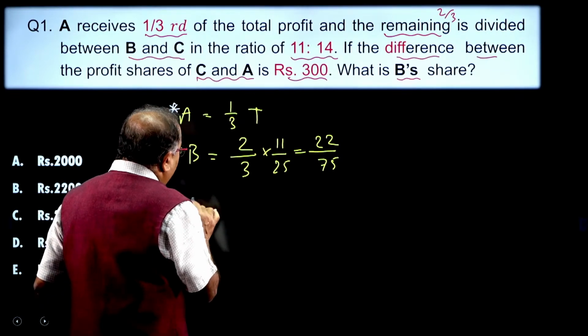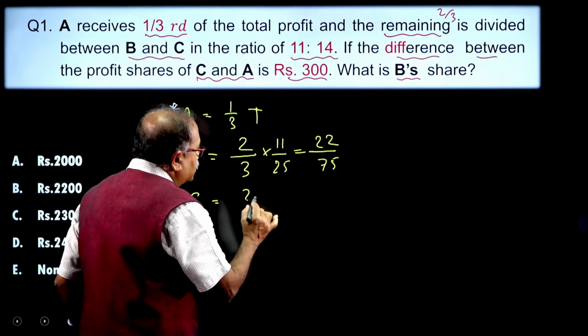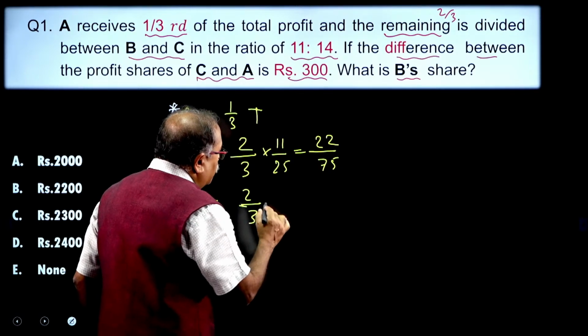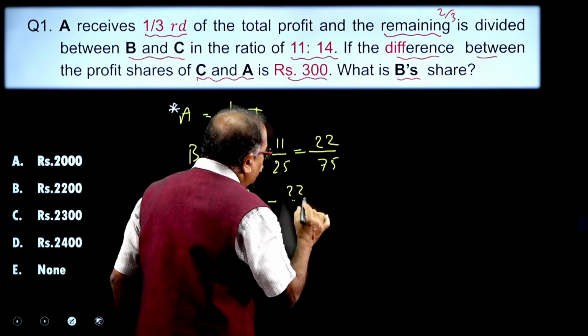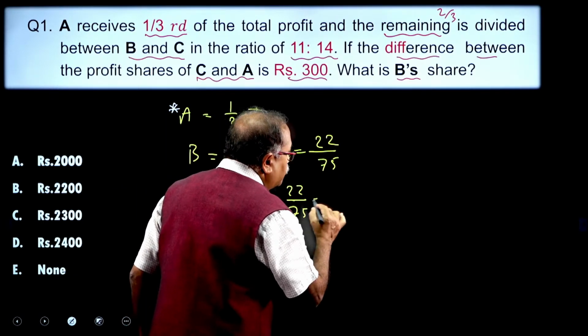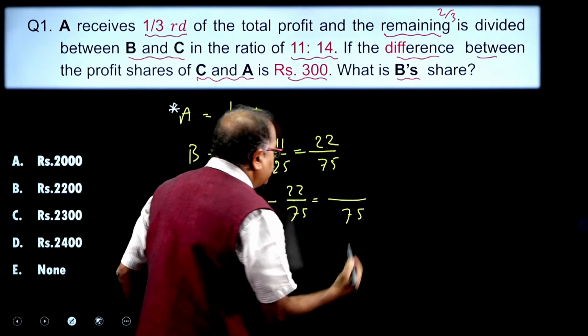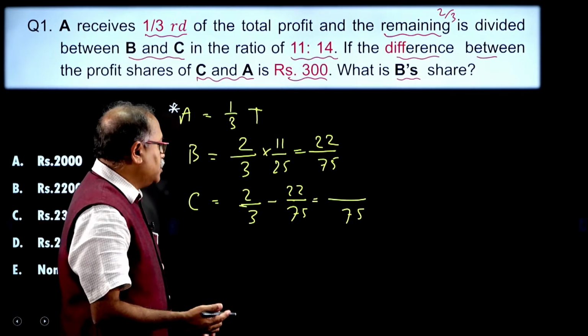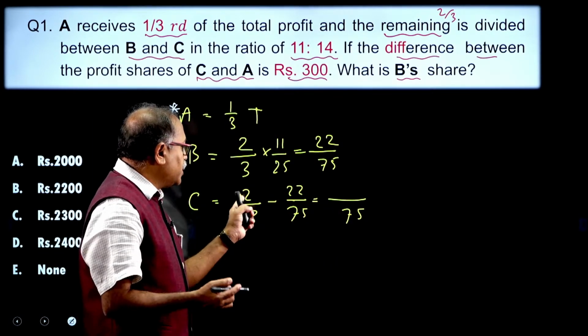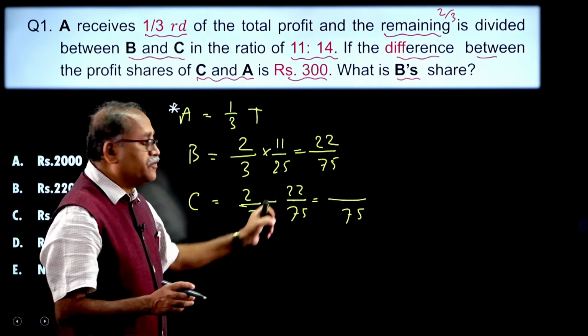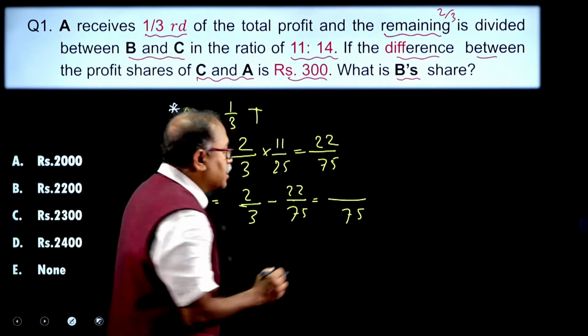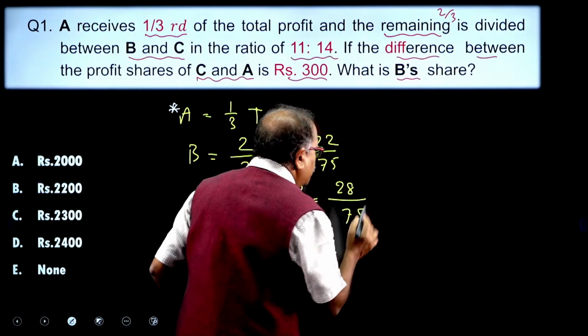Look at this one, that is C, that is 2/3 minus 22 by 75, and I will be getting 75 as the denominator, and this is 25 into 2, that comes 50, and 50 minus 22 comes 28. So, this is 28.